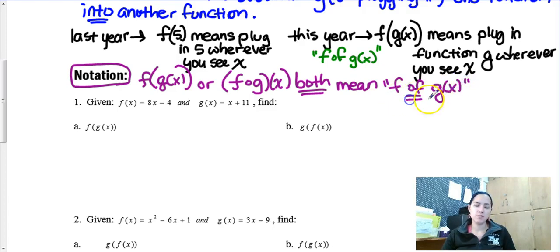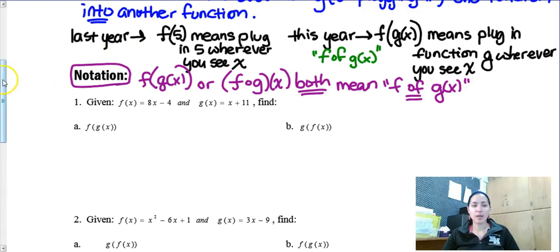So of, excuse me, of is the key word. F of g of x here does not mean multiplication. Composition, composition, composition. Keep that in mind.